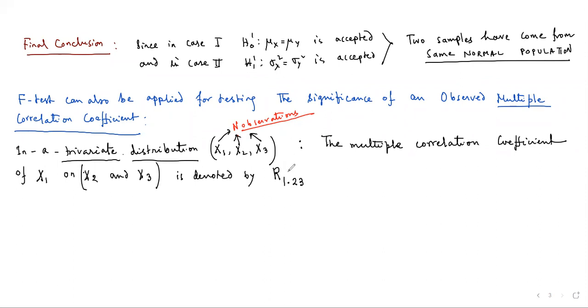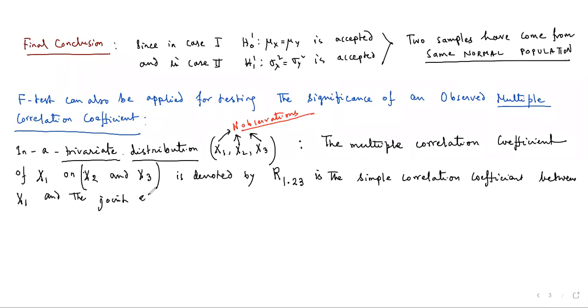So this is the notation that we actually use. It is the simple correlation coefficient between x1 and the joint effect of x2 and x3 on x1.